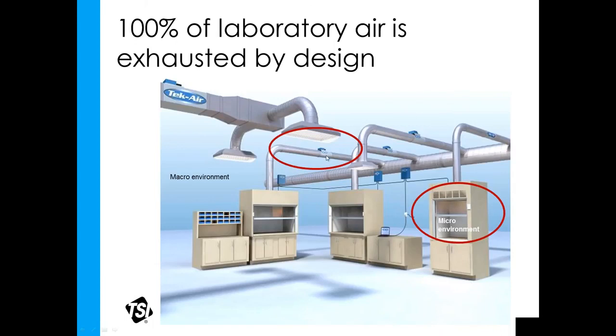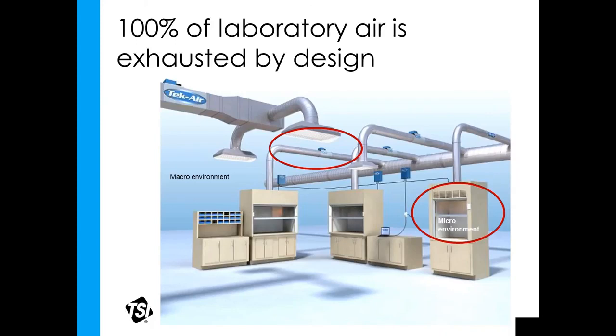There's two different environments that need to be controlled. Everything from macro to micro needs to be dumped outside the room. HVAC systems in laboratories and critical areas like these are rarely shut down, because number one, it takes too long to power them back up so that they're running efficiently, and number two, it takes too long to reach the target temperature, relative humidity, and air changes per hour for them.